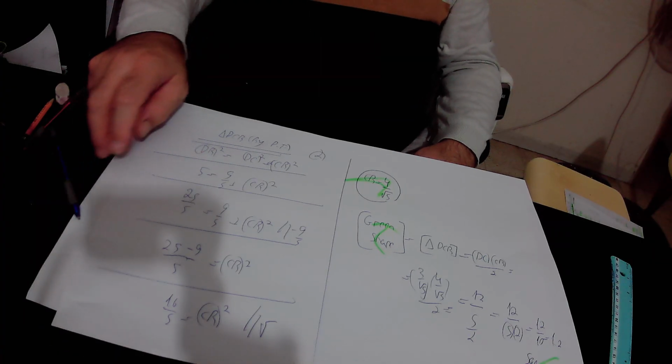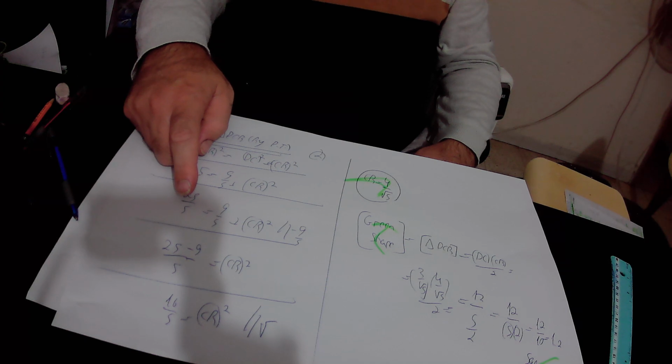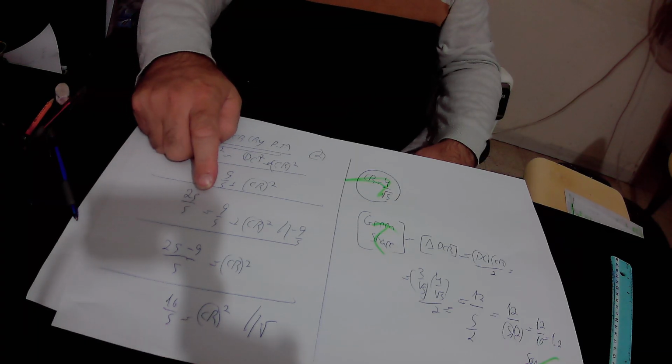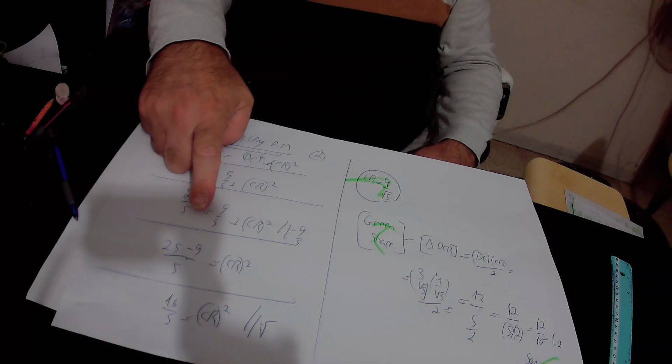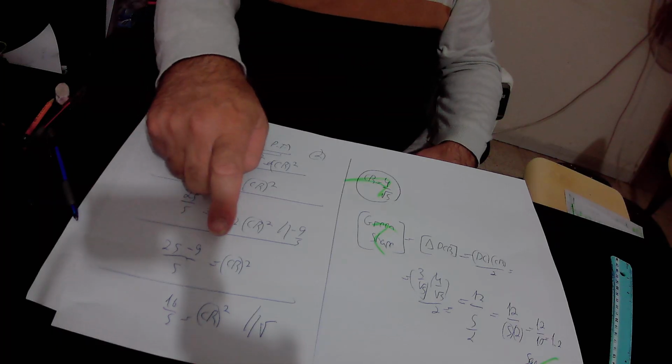Here we subtract 9 fifths from the equation and find that 25 fifths minus 9 fifths equals 25 minus 9 over 5, which equals CB squared. 25 minus 9 is 16, so we have 16 fifths equals CB squared.